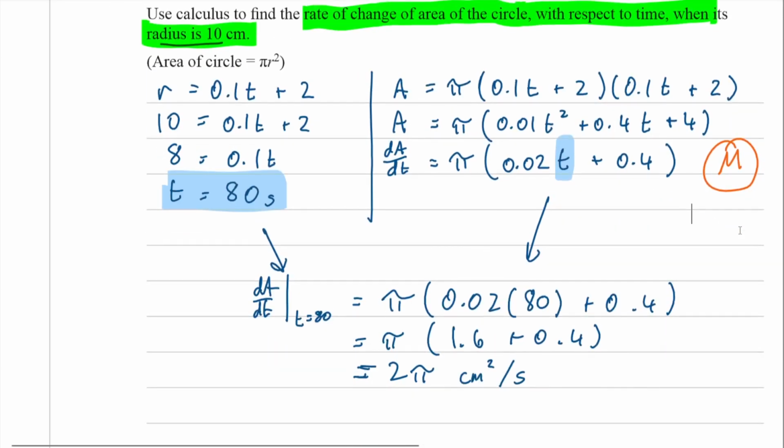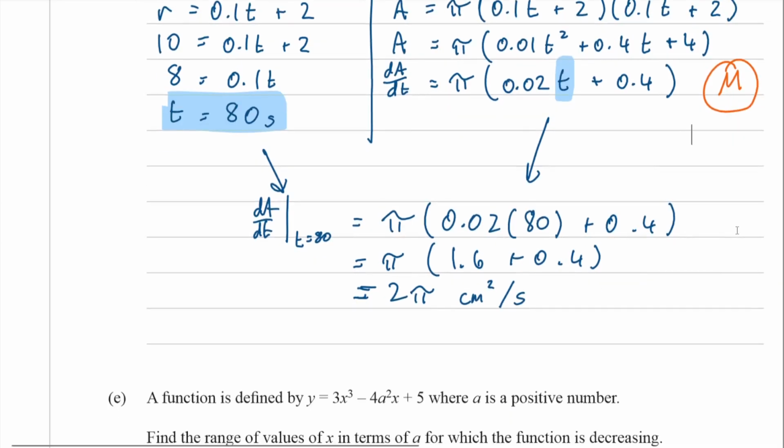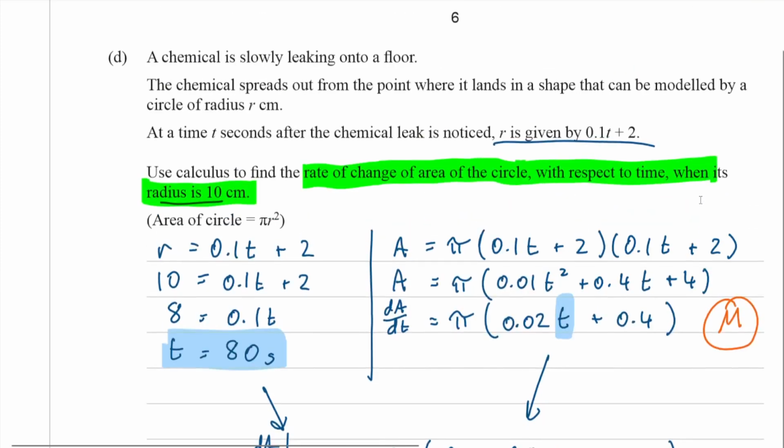And after that, we knew we had to substitute in 80 seconds because that's when the radius was 10 centimeters. If we did that correctly and got the final answer correct, that is excellence. Units are optional. However, I would say an understanding of the units actually makes this problem a little bit easier.